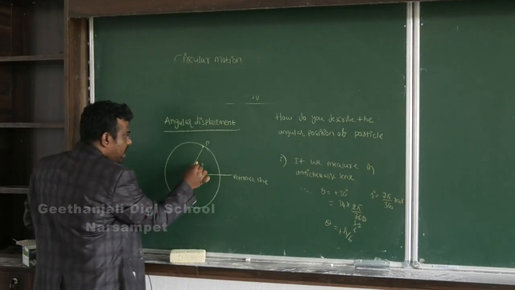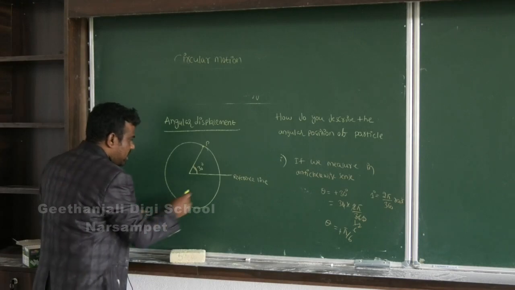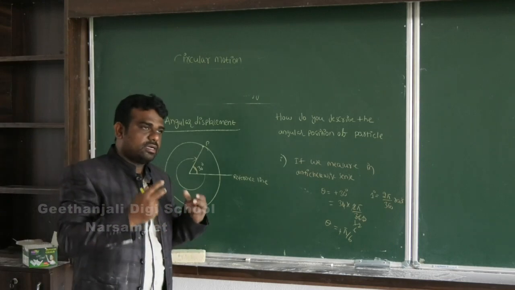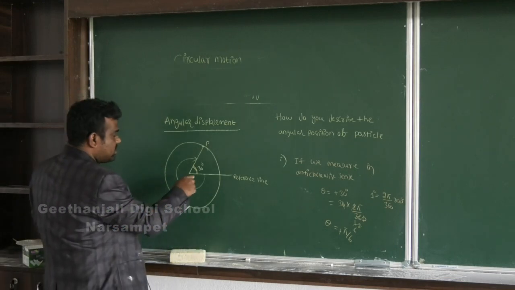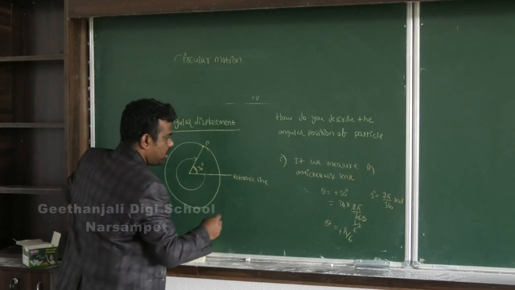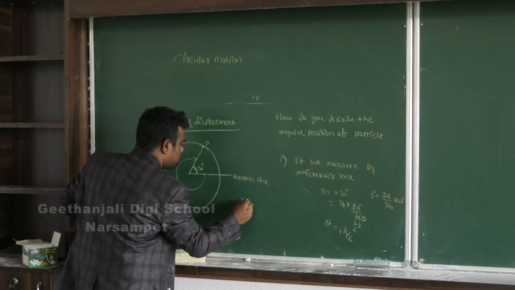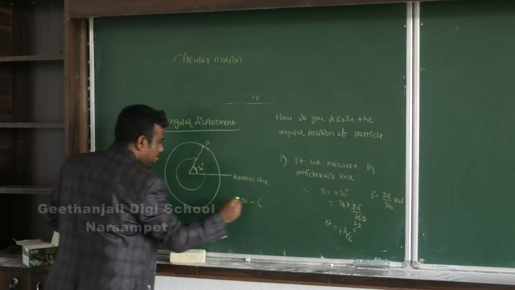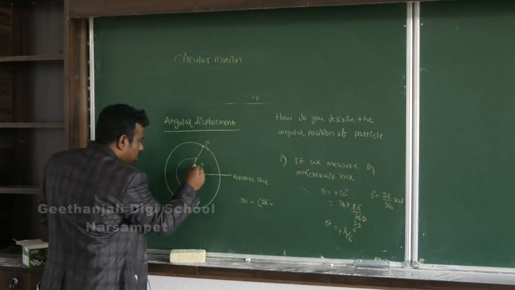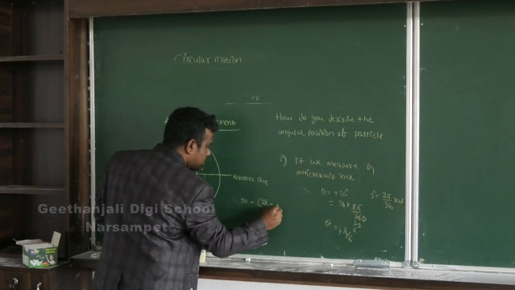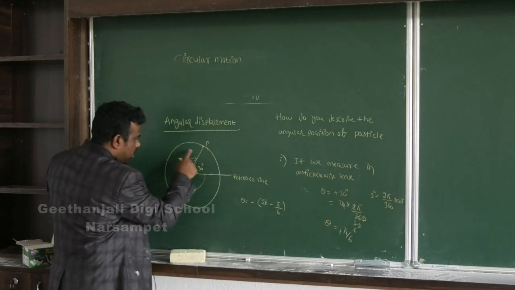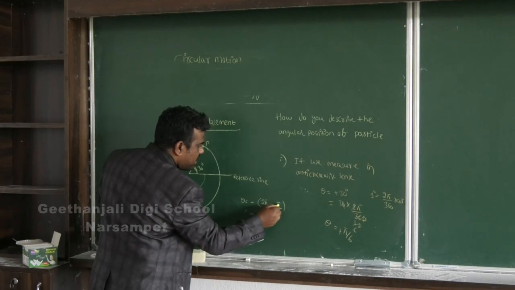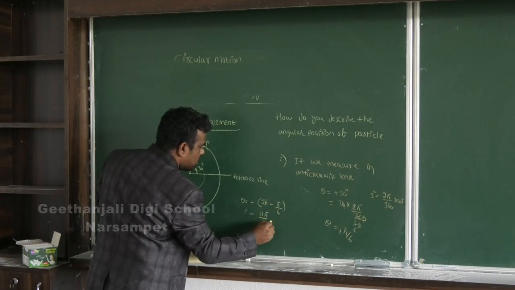What happens if the same angular position is measured in the clockwise sense? If I measure like this, that symbol is minus, because we are measuring in the clockwise sense. Now the angular displacement theta is equal to minus, so this total angle 2 pi minus pi by 6, that is 12 pi minus pi, that is minus 11 pi by 6 radian.